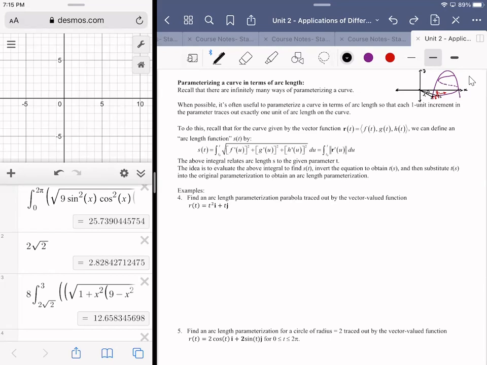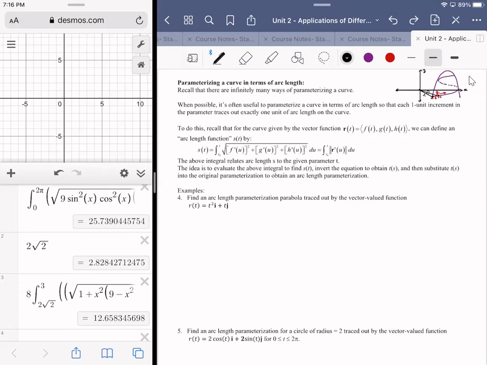When you're parameterizing a curve, you can decide on any expression that you want to let be the parameter. Like I could let it be equal to t. Like in that last problem, I could have let x squared be equal to t squared, but I could have let x squared be equal to 1/2 t squared if I wanted to. It didn't matter. Everything else would fall in line based off of what I decide to make my free variable.